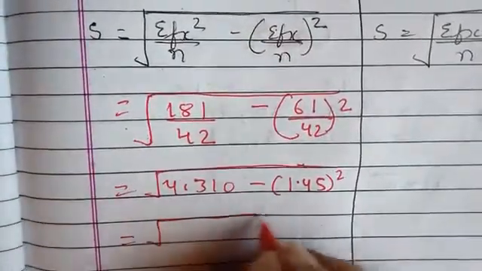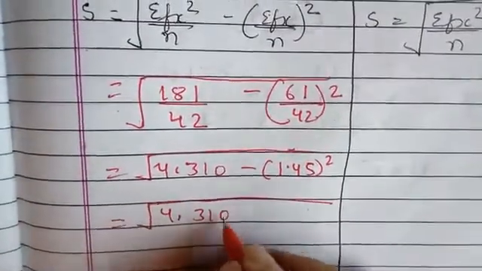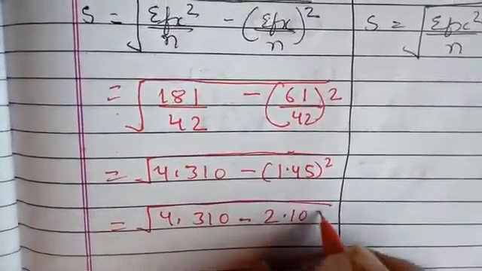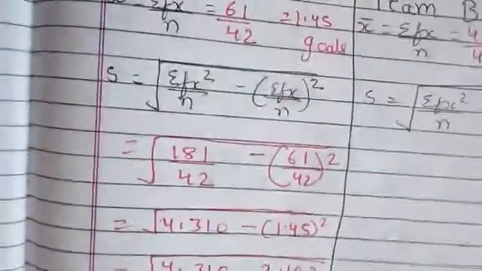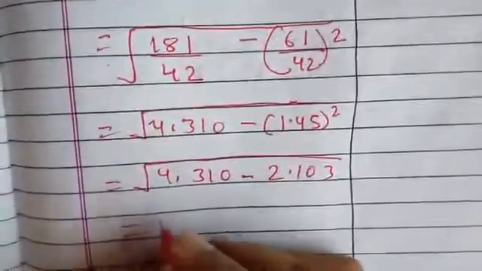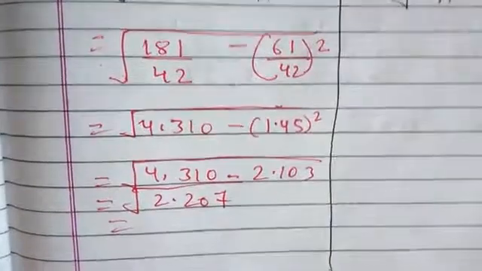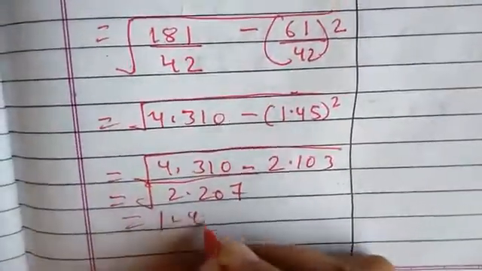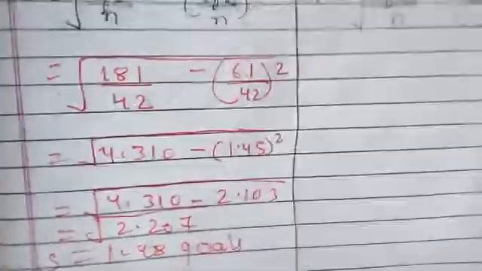That is equal to 4.310 minus the square, 2.103. That is equal to 2.207. Now find the square root of this, that is 1.48 goals, the standard deviation for team A.